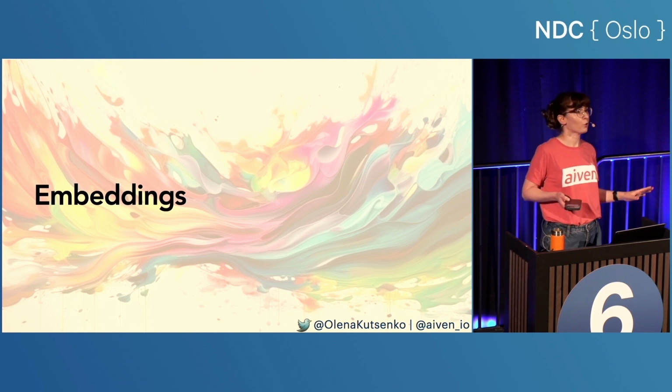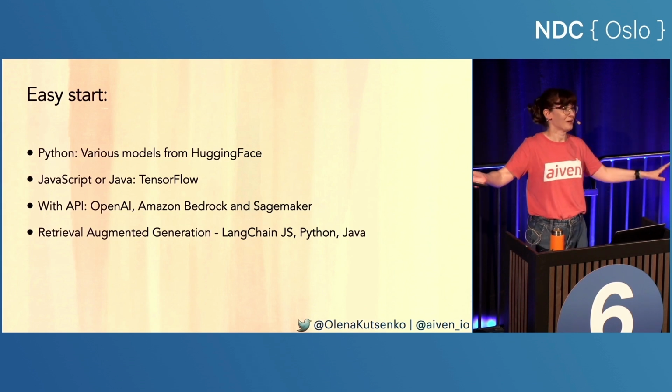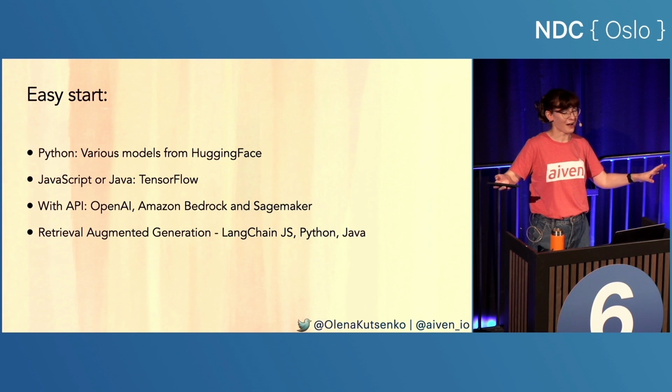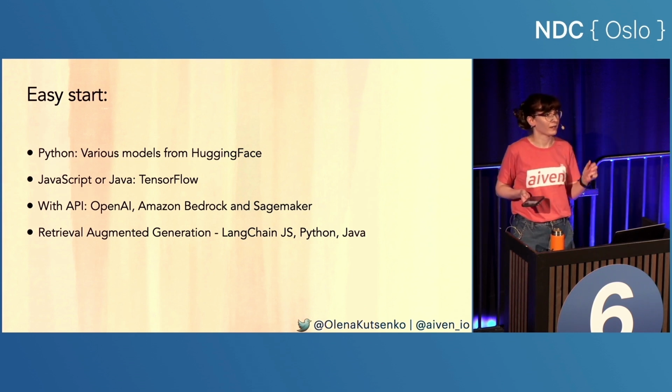Okay, the last thing I wanted to share with you is just some ideas for those of you who are just starting with embeddings. If you are fine with Python, try out Python. Hugging Face has a really amazing set of models, and it's very easy to use.